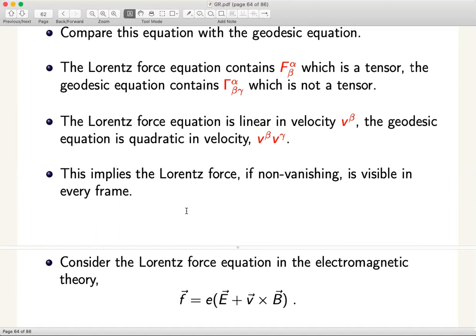In fact, that is partly a statement of the equivalence principle, that in a sufficiently small region of space-time, you can always choose a frame in which there is no force due to gravity. This is something you cannot do for electromagnetism, no matter how small the region of space-time you want to look at. If there is an electromagnetic force, it will always be visible.